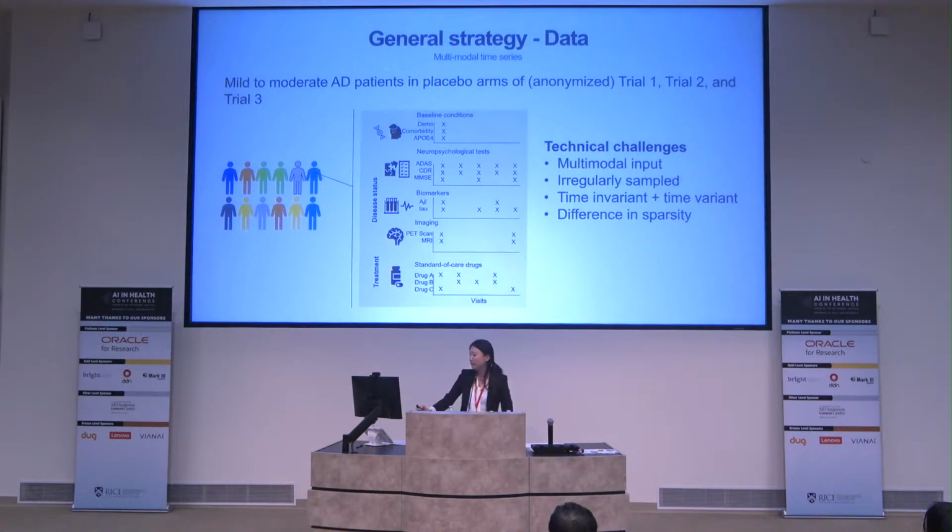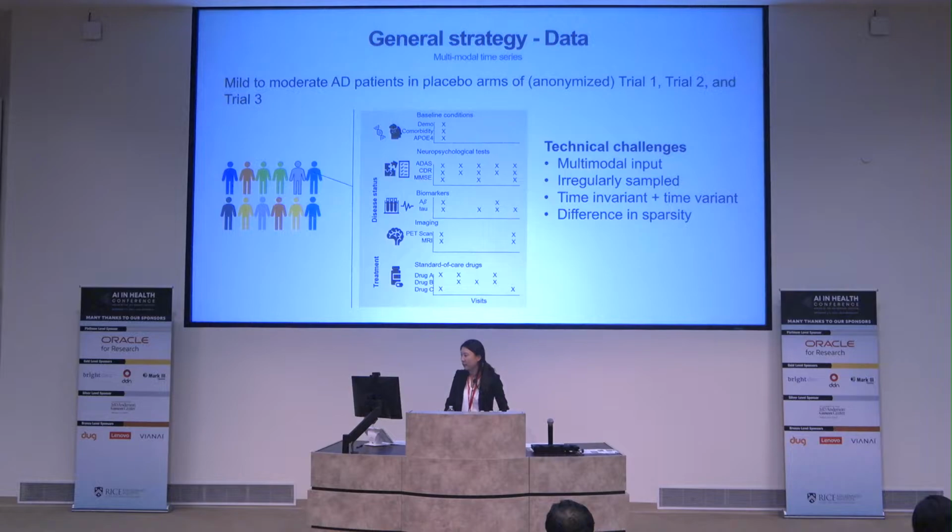And over time, there are some cognitive measures to see the effectiveness of their interventions. So there are some primary outcomes over here. And also we have some biomarkers and brain imaging. And also we have very sparse concomitant drug information.